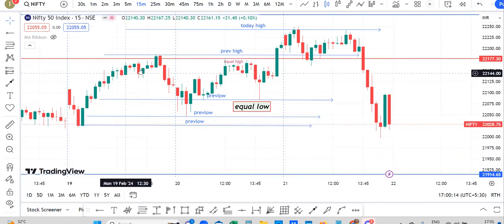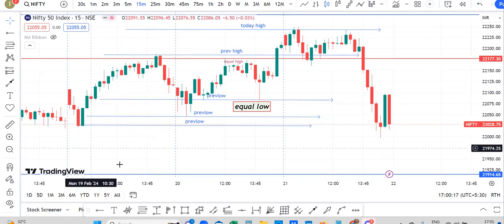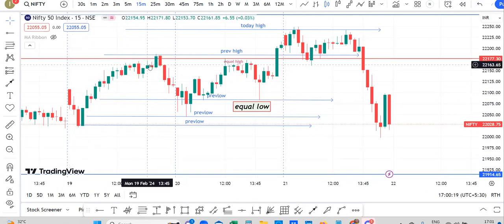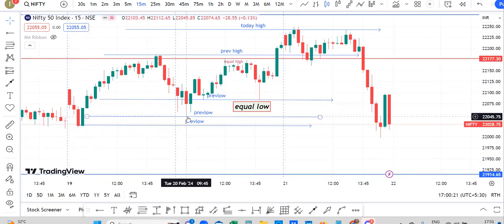See, the market started moving higher. This was the 19th high and 19th low.